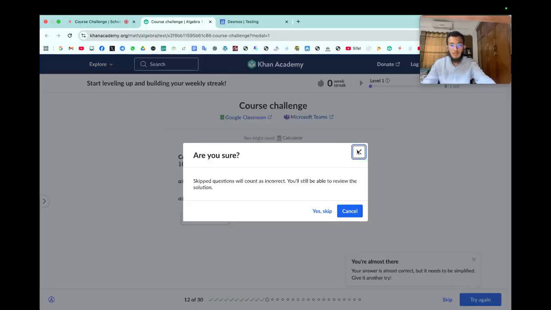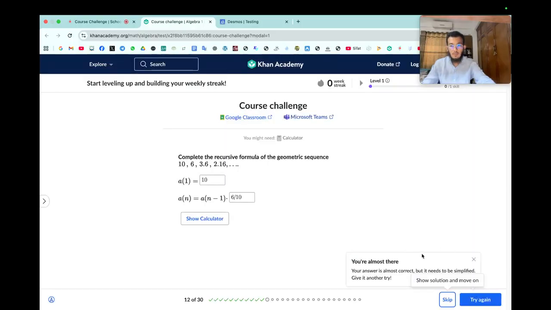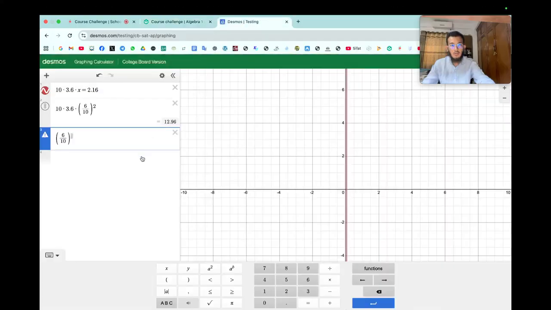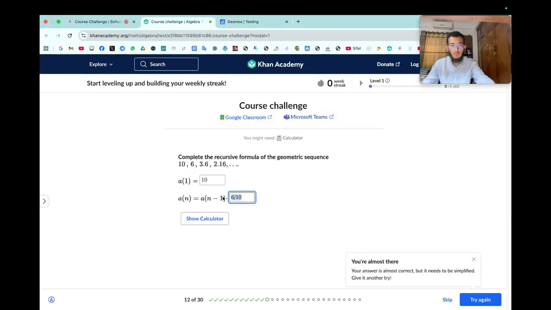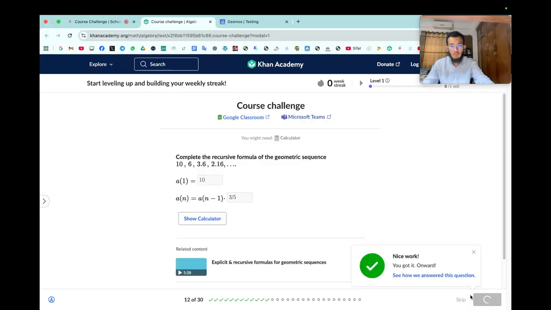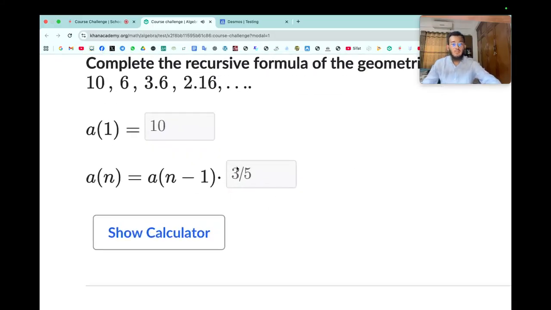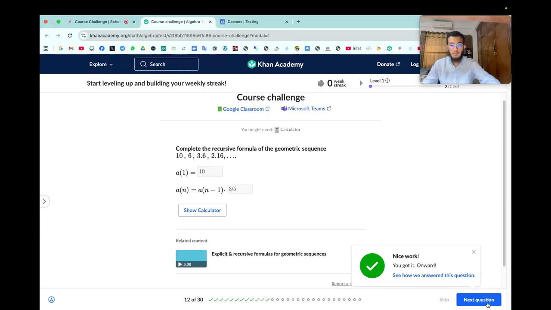Okay, let's see. Simplify 6 by 10. 6 by 10 is 3 by 5. Yep. So 3 by 5, we have to write it in the most simplified manner. So there we go.